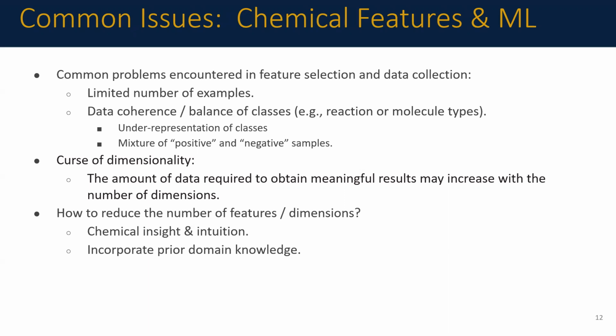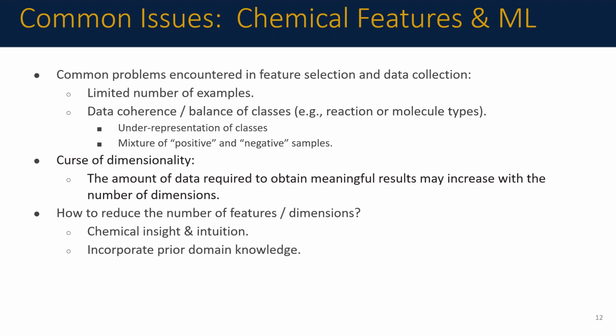Another common problem is referred to as the curse of dimensionality. That's basically saying that the amount of data that's required to get good results generally increases with the number of dimensions that we're working with. So if we have a limited number of examples but many features, that can sometimes be an issue.